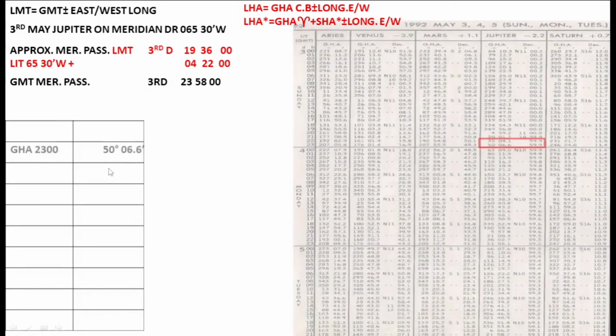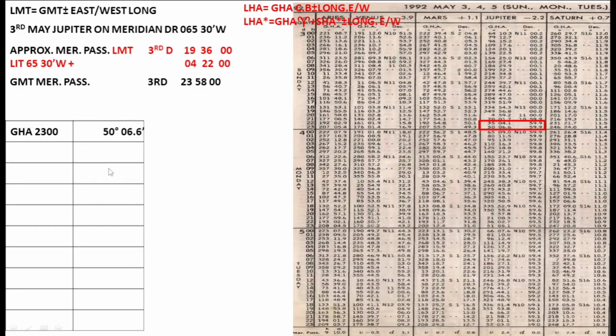And if I had to calculate my LHA now, I'll go into the same date, third, 2300 hours, Jupiter, 5006.6, and my declination is given here.